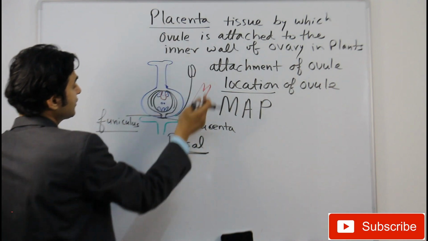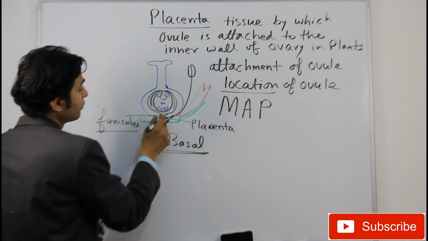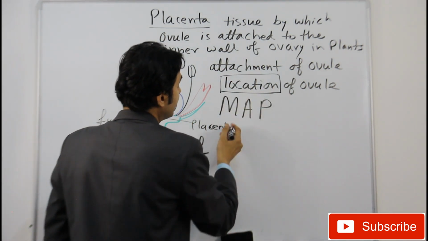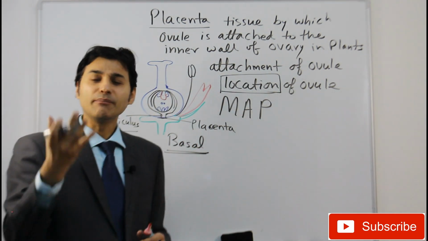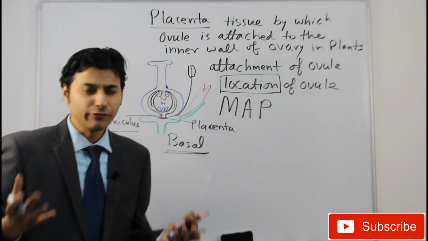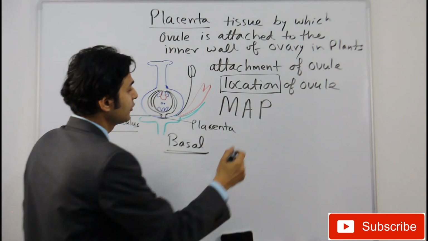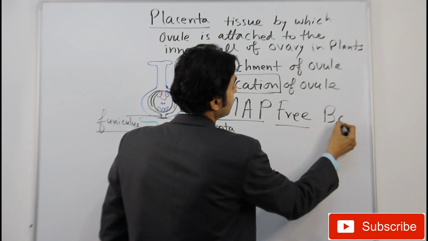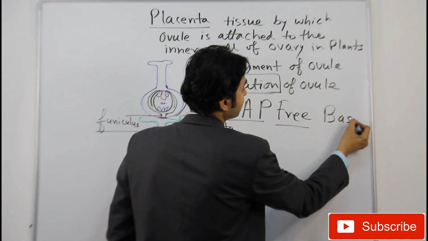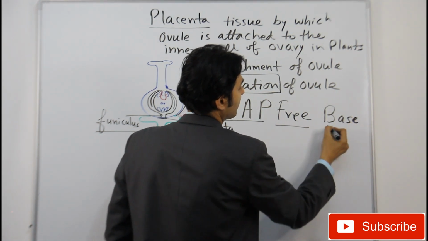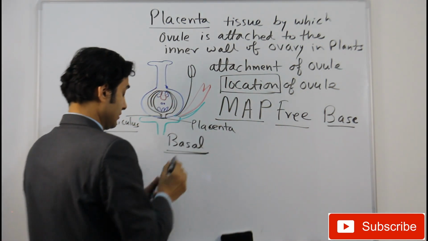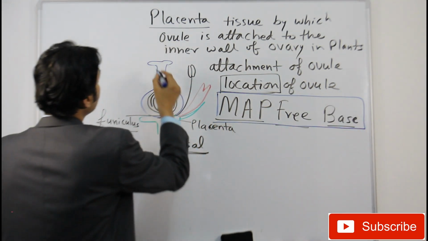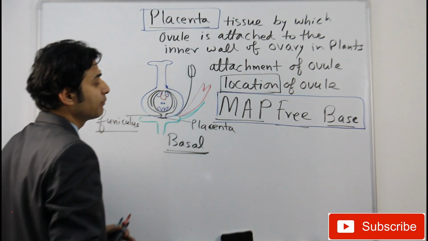So the location of the ovule in the ovary can be found easily by the map. And if you have a map with you, you will be free of any tension, because you have the basic thing, which is the base basically. So this is your keyword here to remember all types of placentation in plants.